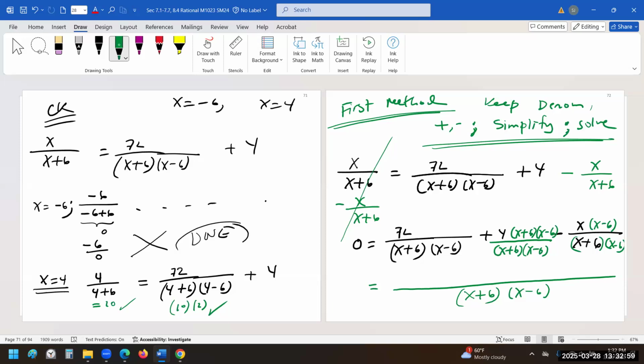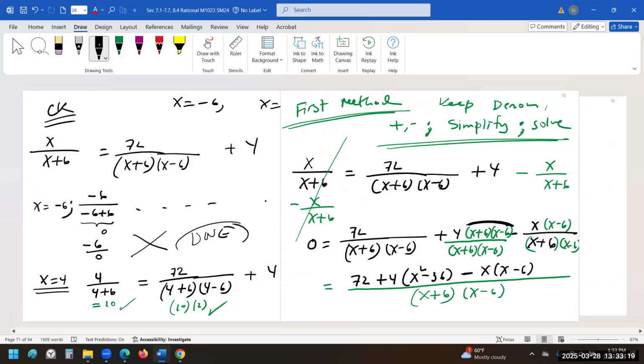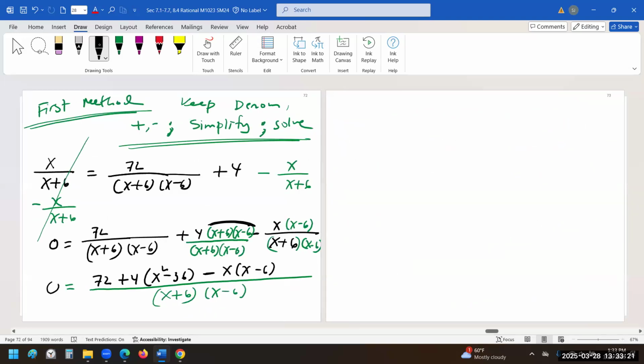So we combine the numerators. So 72 plus 4x squared minus 36. And then let's also multiply, keep this, and we have 0.